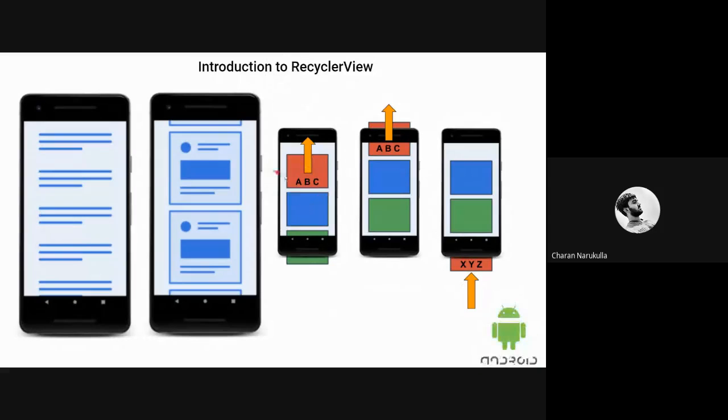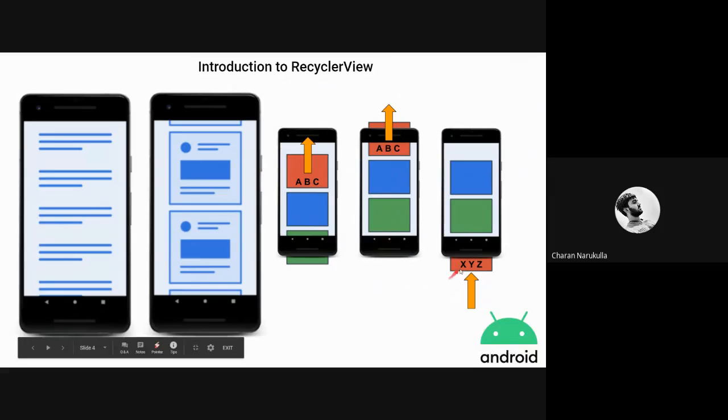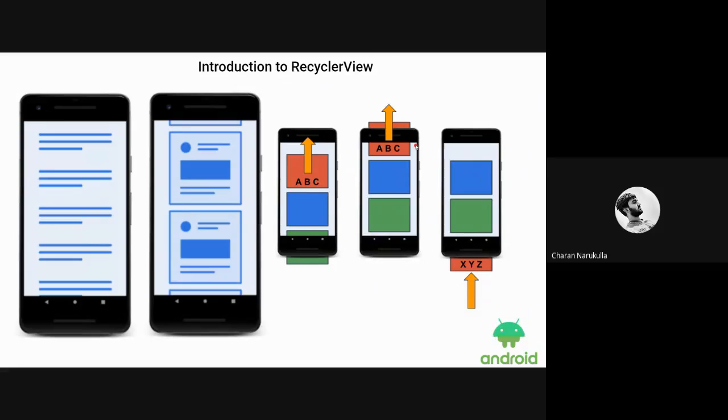You cannot replace this A, B, C with X, Y, Z. Instead, what you can do is, if you use a recycler view, then the same view will get recycled, and then it will show us X, Y, Z. That means the same view is getting recycled after the use, and the previous view will not disappear. This is what a recycler view means.